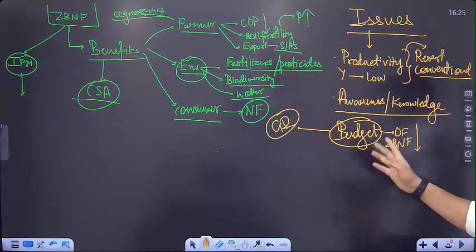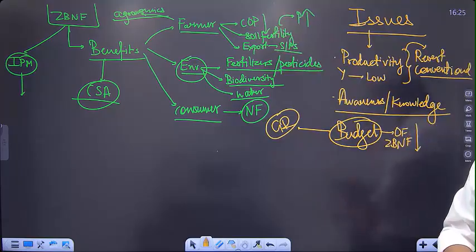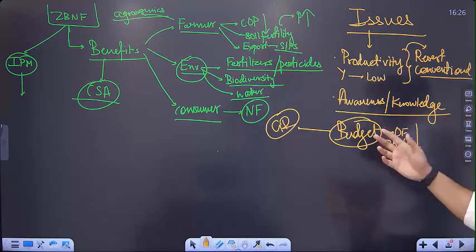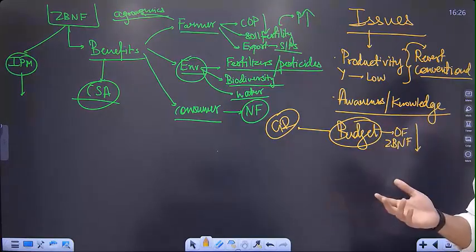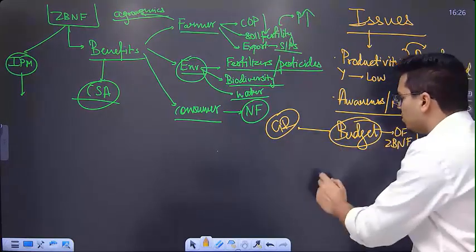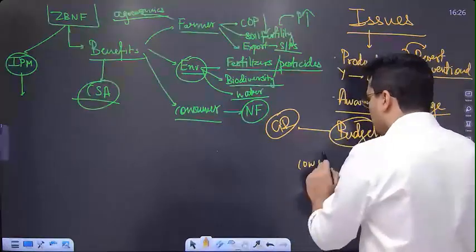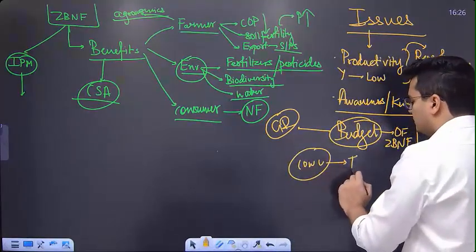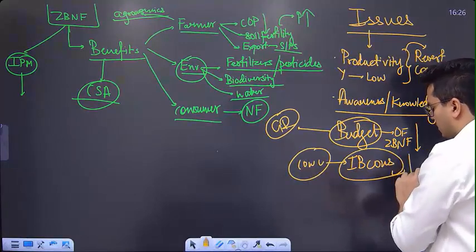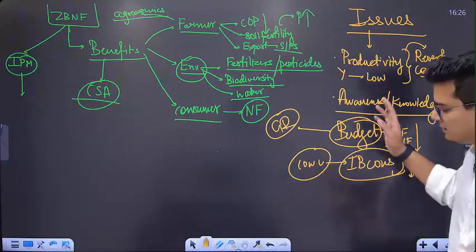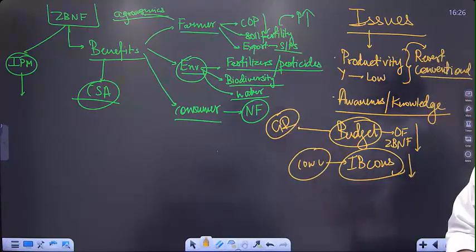Here it is only 300 crores. There is hesitancy, it is not a quick solution, there is lack of knowledge, there is uncertainty, then it relies heavily on cow urine. But Indian breeds of cows are declining. So these are the issues when it comes to ZBNF, right?